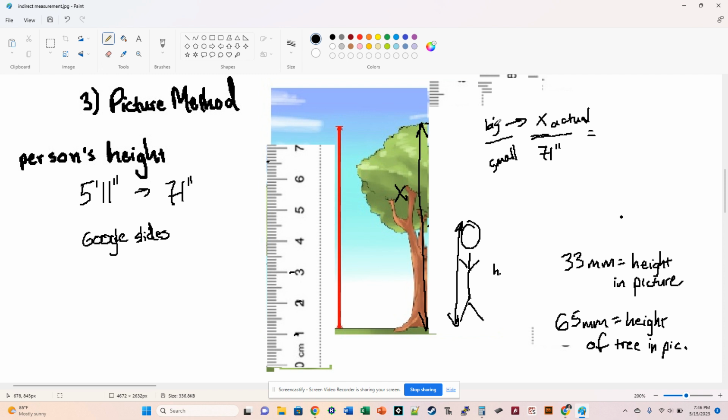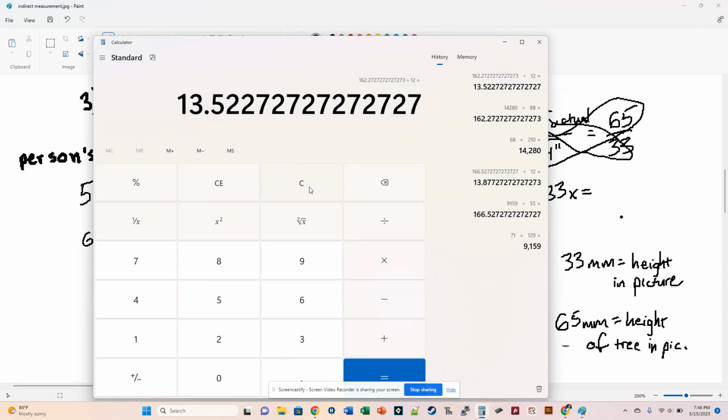So since I'm doing big over small, I want the millimeters of the tree in the picture. So 65 over 33. The whole key is setting this up correctly. x is going to be multiplied by 33, and 71 is going to be multiplied by 65. So 33x equals 71 times 65. I'll use the calculator again.